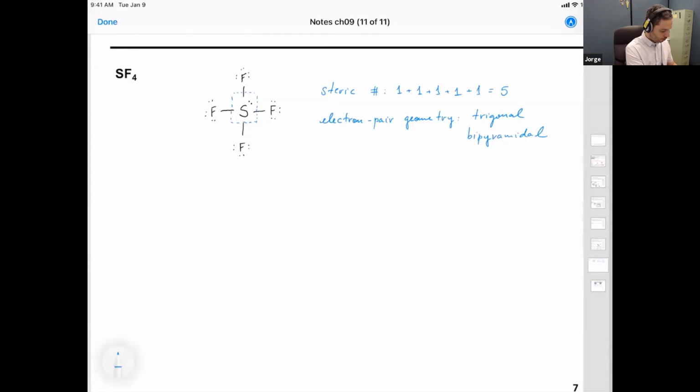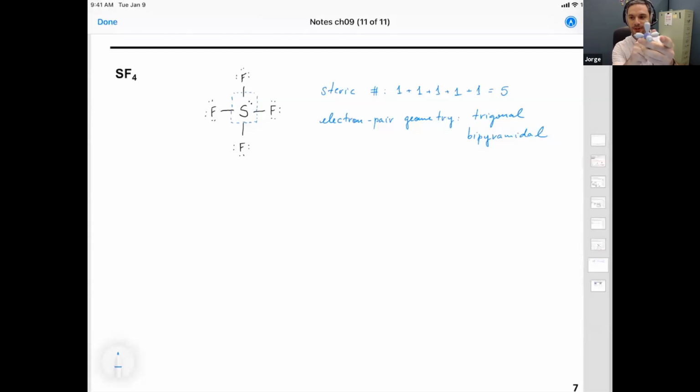Okay, so let's see what we are going to have. It is something like that. We have a triangle on the plane.